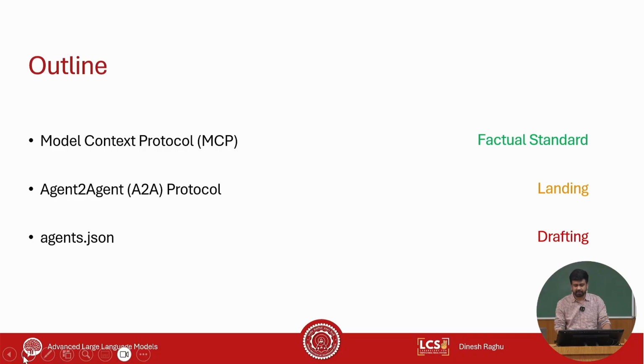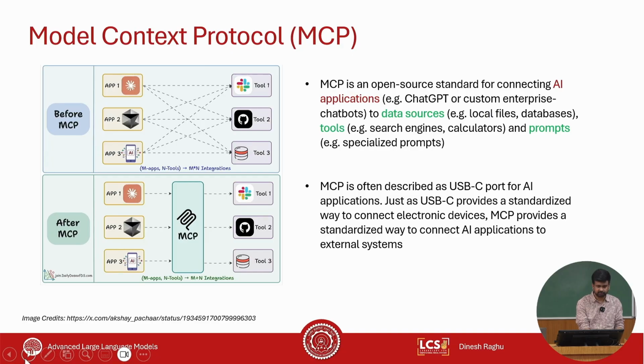Agent to agent protocol is still being tried out. It's good to talk about it, so I'll briefly cover it. And agents.json is still in drafting mode, so I will talk about it very briefly, and also tell you how the community perceives it going forward, right? What sentiment do they have?